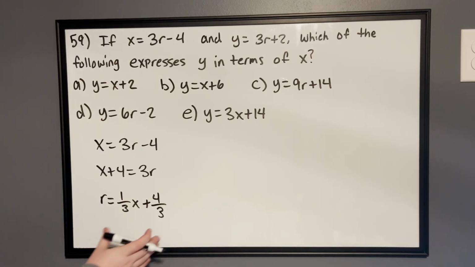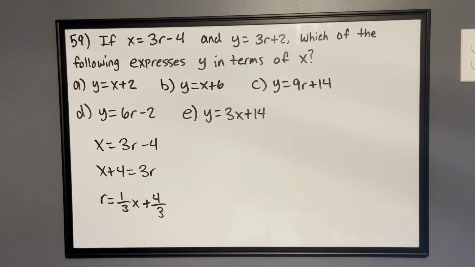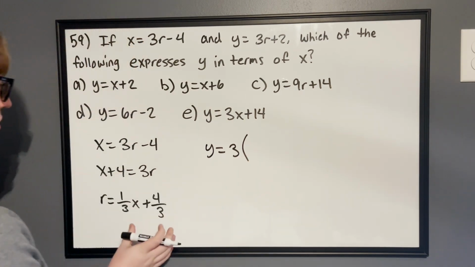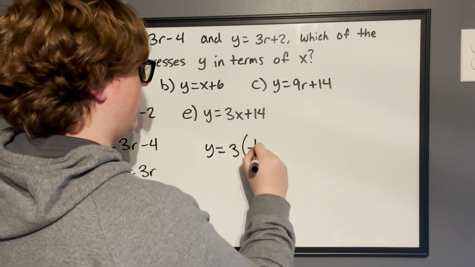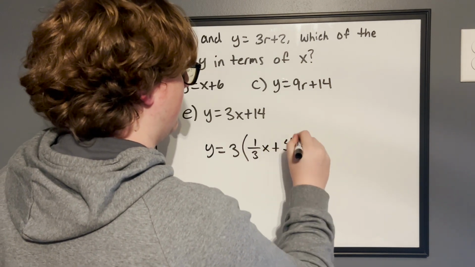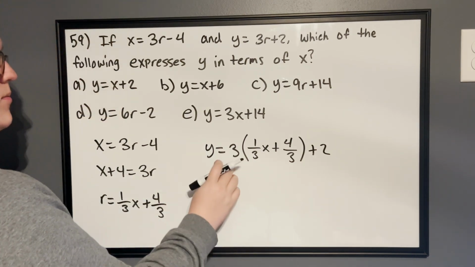So now let's plug this into this term for y for r, because when we do that, we will be able to only have it in terms of x. So we have y is equal to 3 times this whole thing for r. So 1/3 x plus 4/3. And then we still have the plus 2. So now we can distribute this 3 to everything.